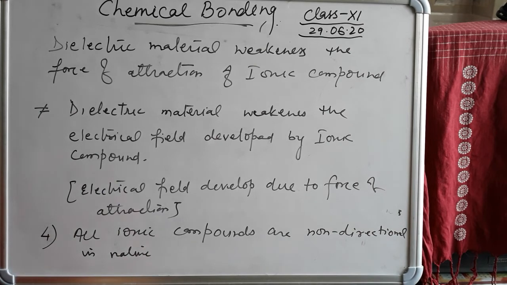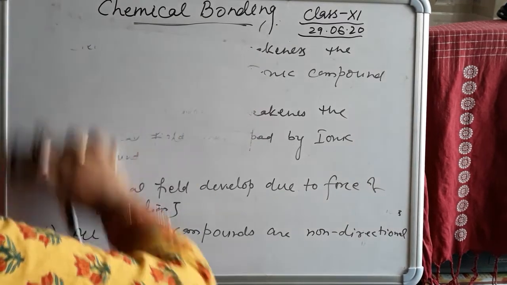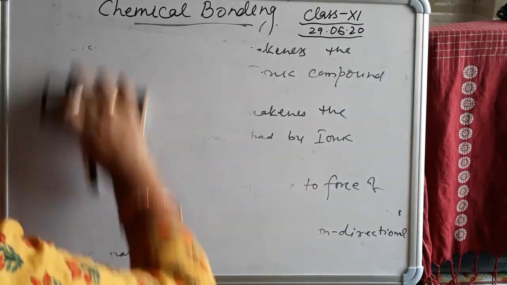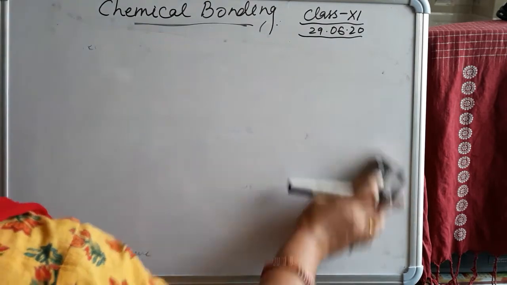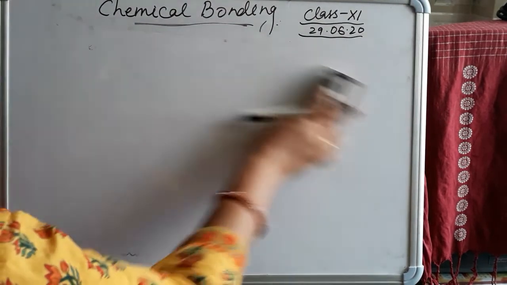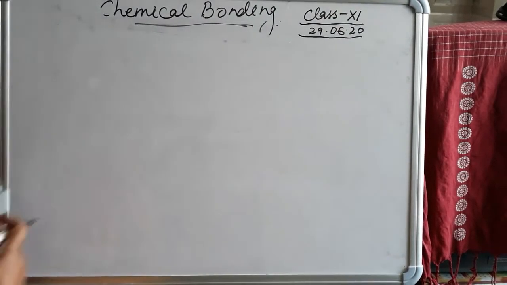We cannot express it in the form of a bond. So these are a few properties of ionic compounds, and they are very important from the examination point of view. You can learn and write them a number of times, and it will help in the competitive exam. And inorganic chemistry is totally based on chemical bonding.